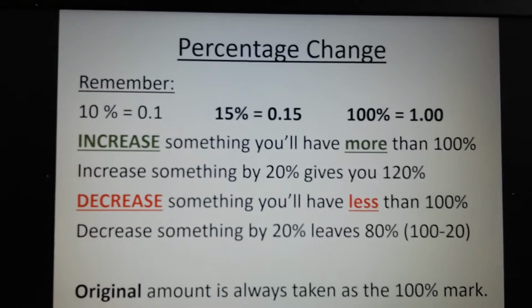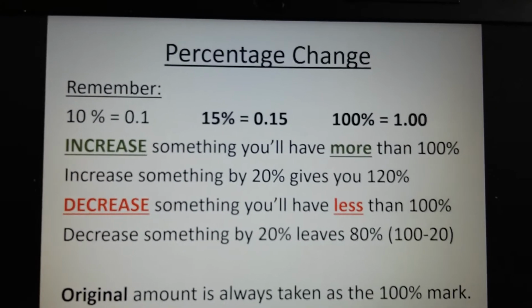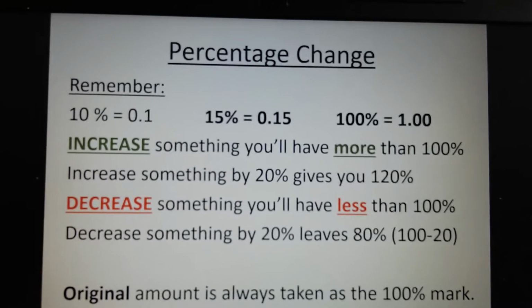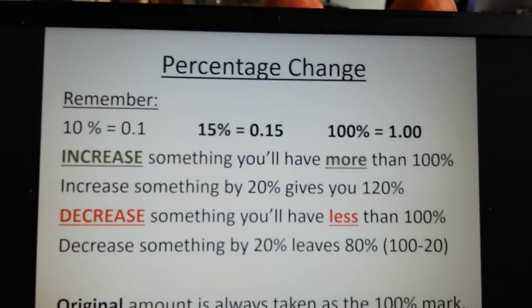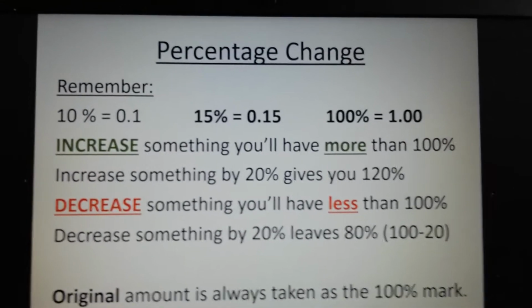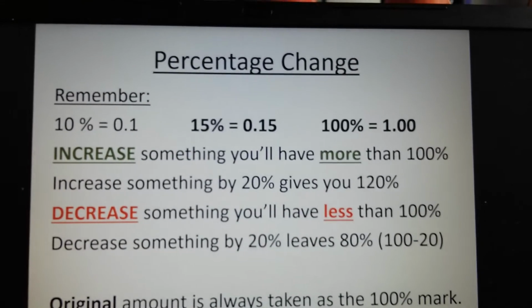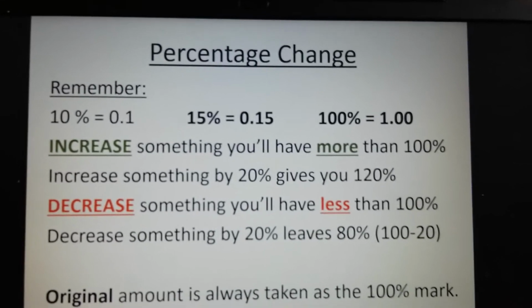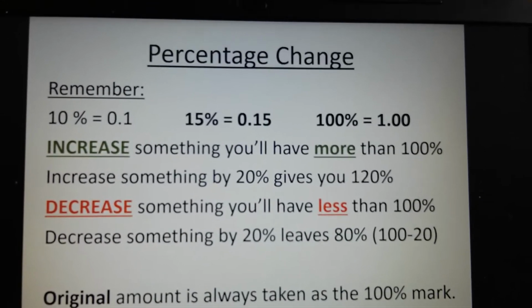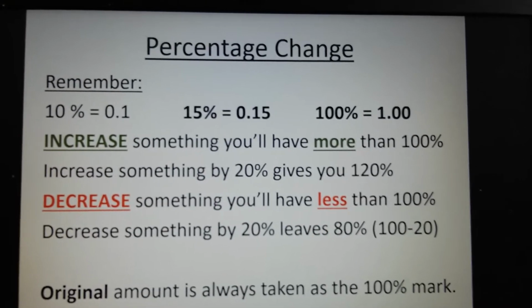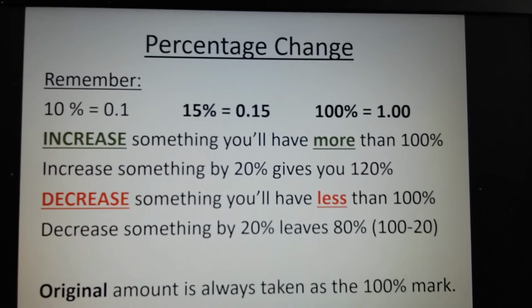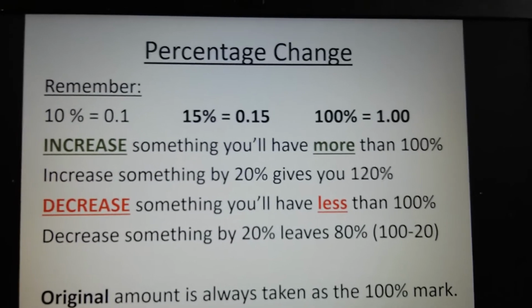Percentage change, so percentages going up or percentages going down. Remember to use that really important fact that 10% is 0.1, which helps us to work out that 15% is 0.15. Also, what might be fairly obvious, 100% is one whole one. If you're trying to convert those in your head, sometimes I tell people to think about pounds and pence.